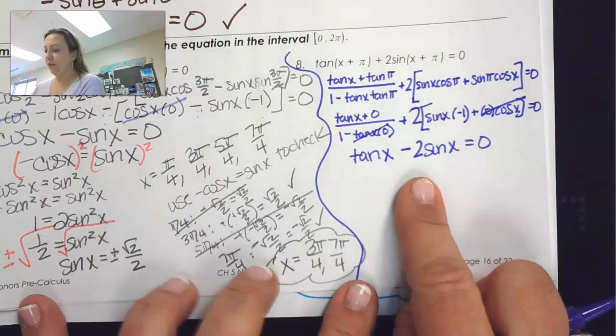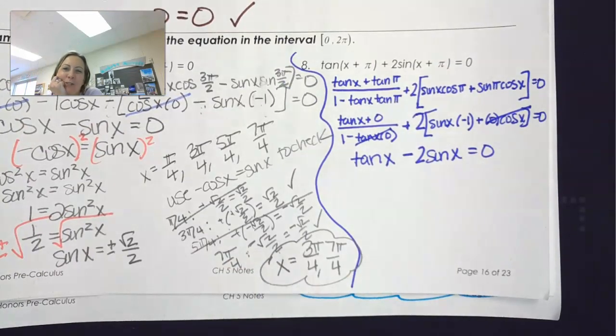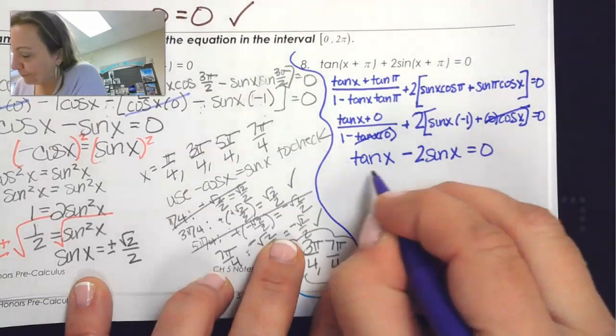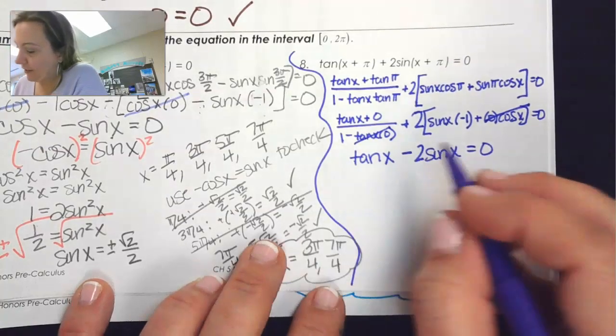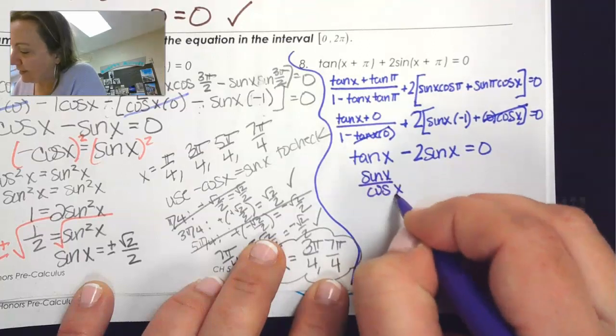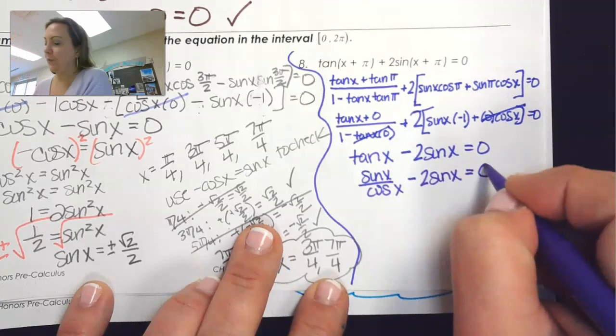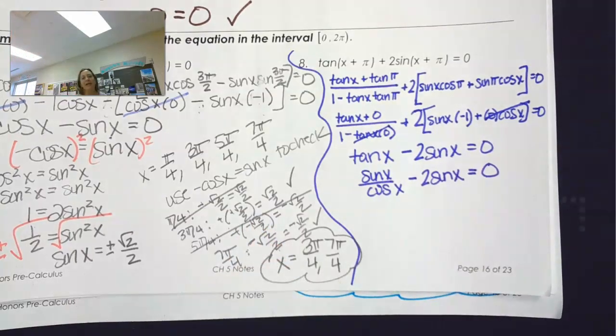And so now we want to solve this. Well, I know in the last problem we set them equal and then squared, except tangent we're able to write using sine, right? I could use that the tangent of x is the sine of x over the cosine of x minus 2 times the sine of x equals 0, okay? Now, I don't really want to multiply by the cosine of x.